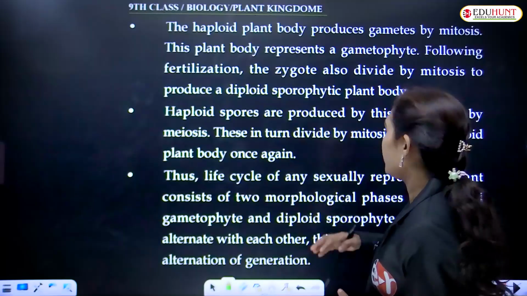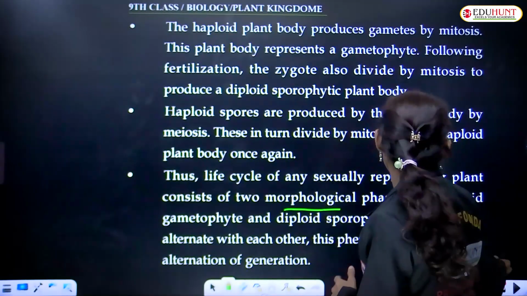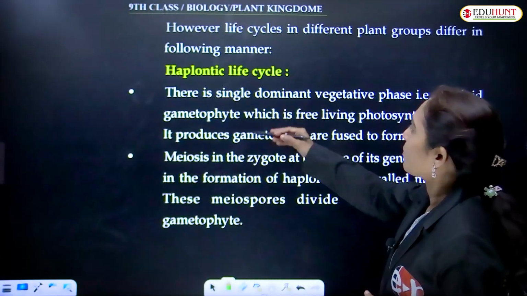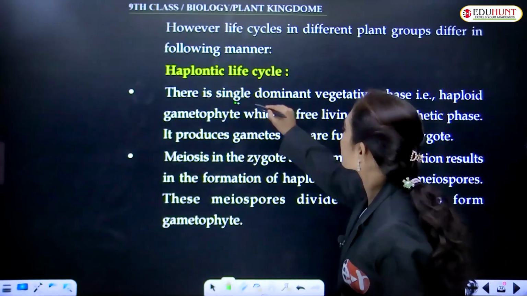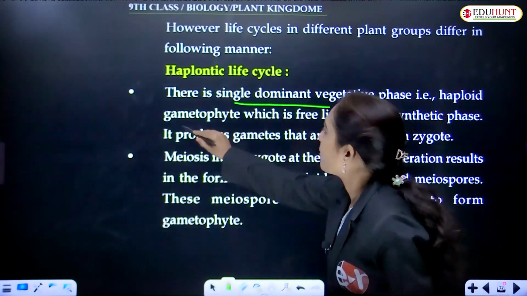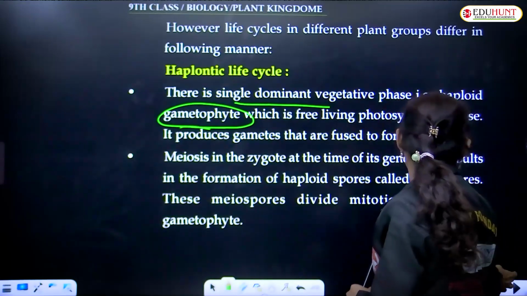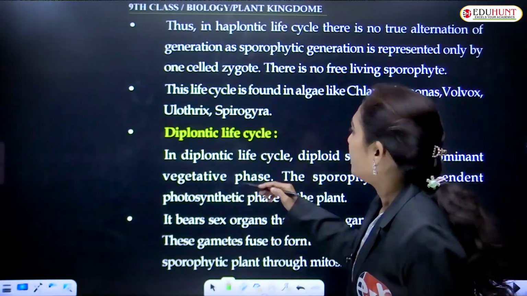The life cycle of any sexually reproducing plant body consists of two morphological phases, haploid and diploid. We have seen that. In the haplontic life cycle, the dominant phase is the haploid gametophytic phase. That is why we call it the haplontic life cycle.